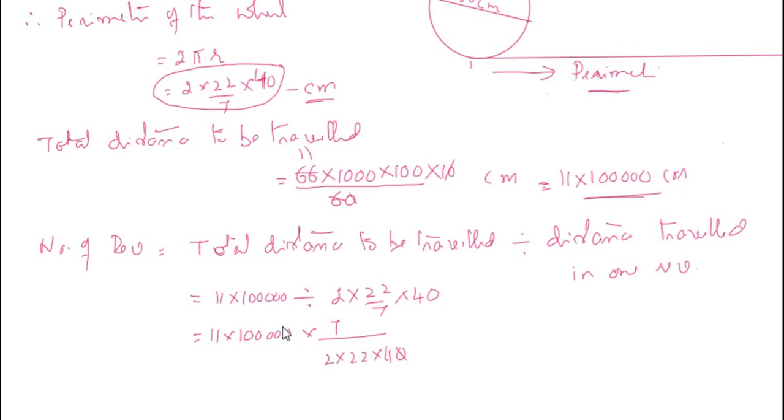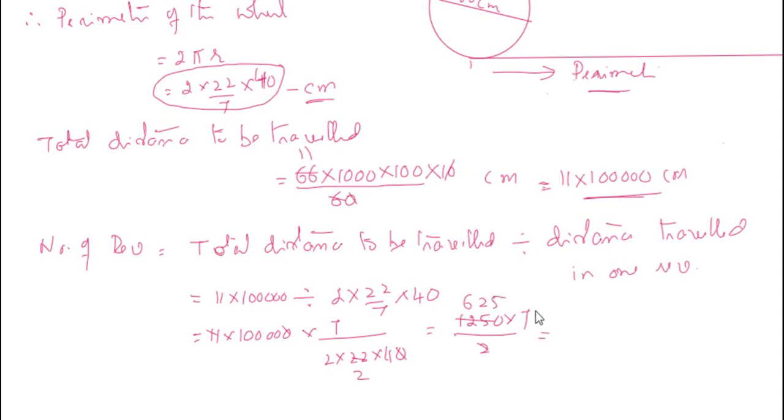This 0 goes with this. 11 2s are, now 2 into 4, 8. 1000 divided by 8 is 125. So it is 1250 into 7 divided by 2. This is 625.